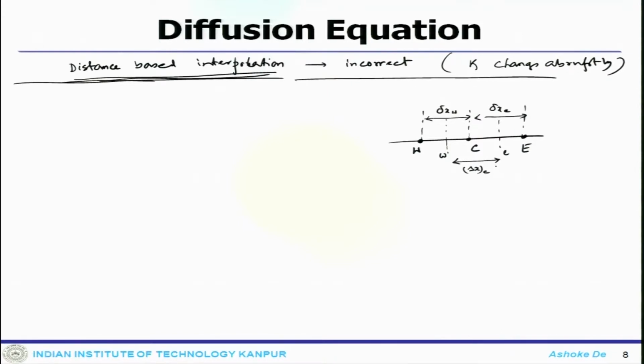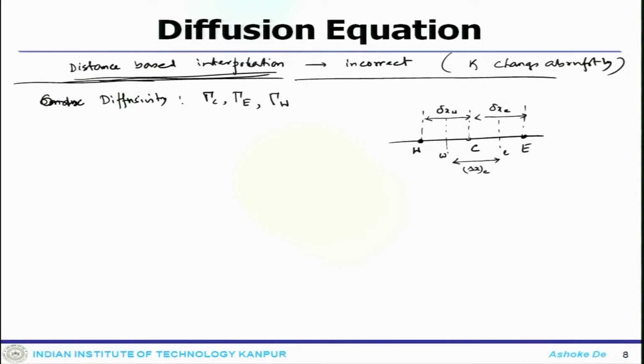That means that is the distance of that particular element. Now, you have the conductivity or the diffusivity, gamma c, gamma e, and gamma w. So, you have all these diffusivities which are stored at the center of these elements.